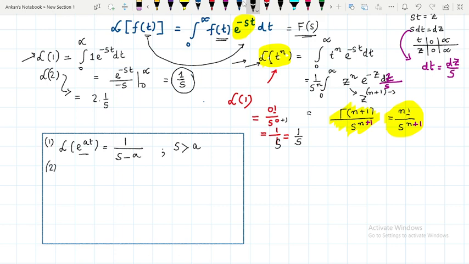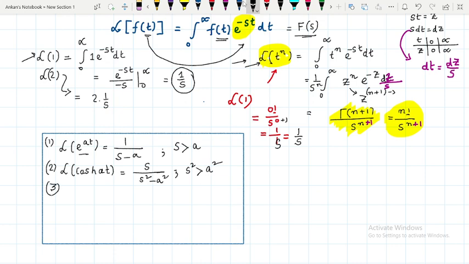The second one: like this you can also find the Laplace transform of cos hyperbolic at. How can you arrive at this? It is very simple, because cos hyperbolic at can be easily converted to the exponential form, e to the power at plus e to the power minus at, divided by 2. You apply the Laplace transform on e to the power at and e to the power minus at, so that you get s by s square minus a square, provided the condition s greater than a holds.